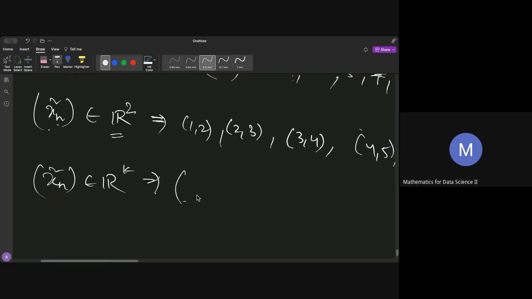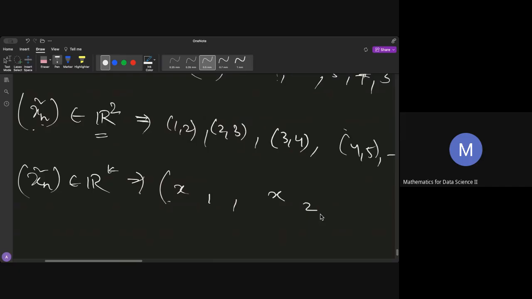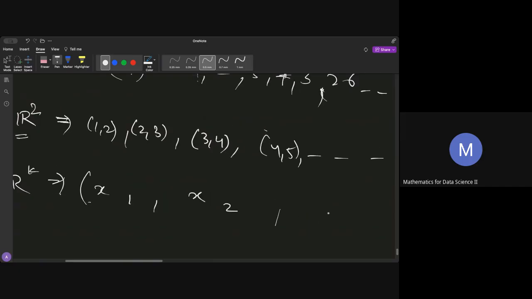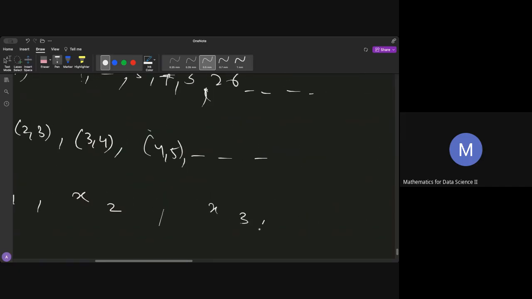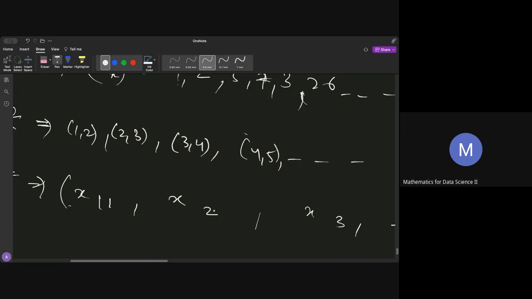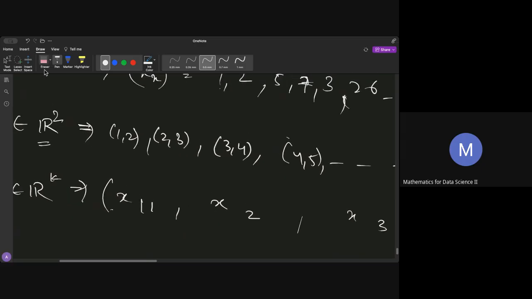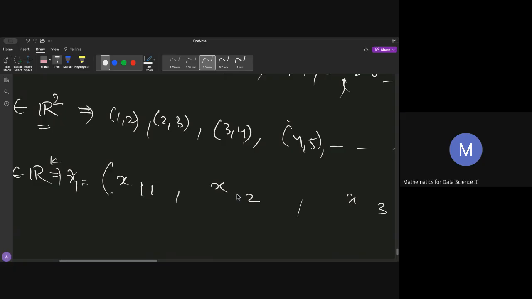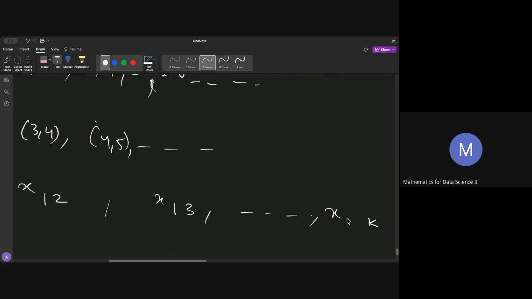I can take x11, x12, x13, and so on till x1k. I should call this x̃1, so the point x̃1 is (x11, x12, ..., x1k). This is the first point in your sequence.